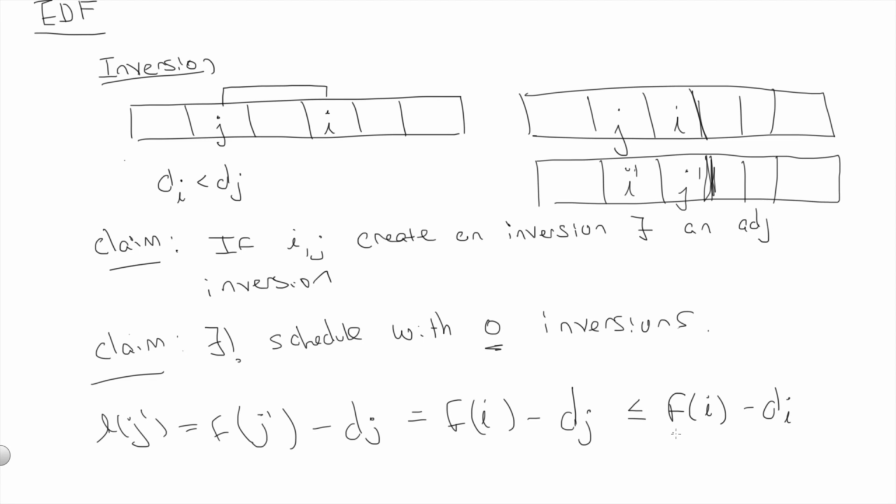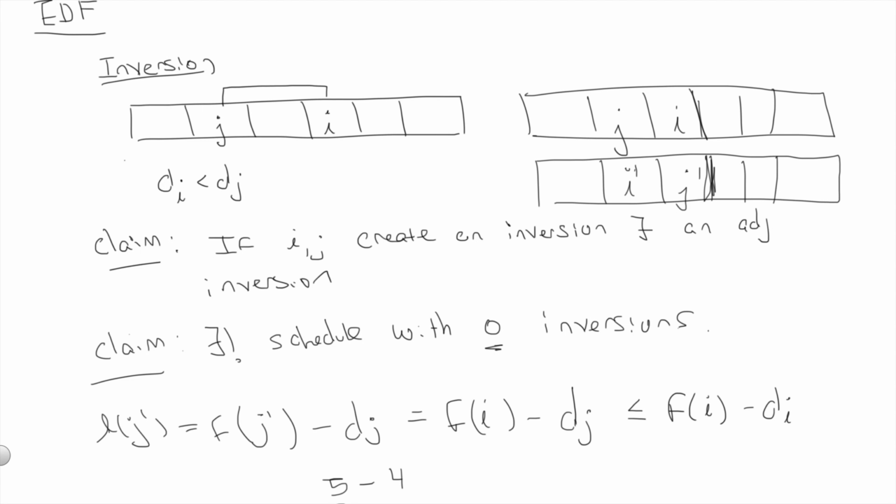So why is that? Because we know, imagine that f, the finished time of I, was equal to 5. Okay, and imagine that dJ was equal to 4. We know that dJ, the deadline of J, is greater than the deadline of I. How do we know that? Because of the statement over here. That's what an inversion is. It means that this deadline is greater than that deadline.